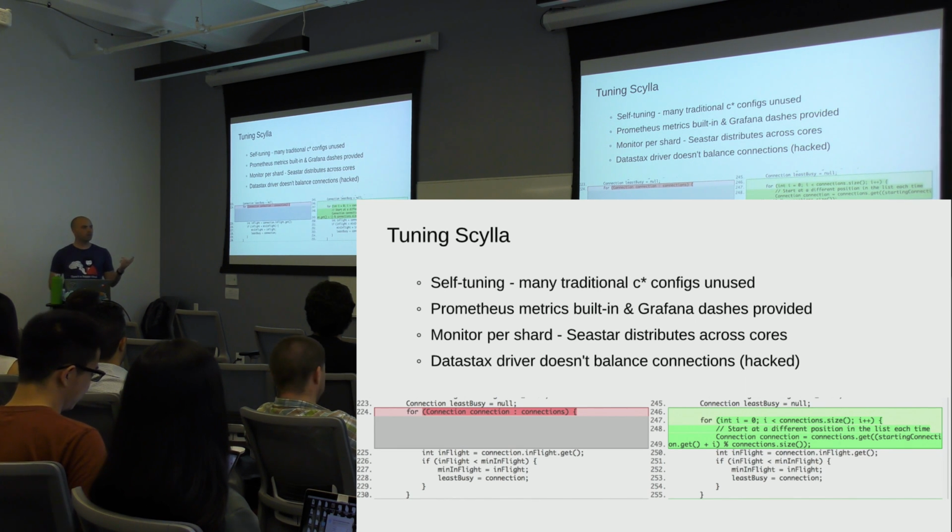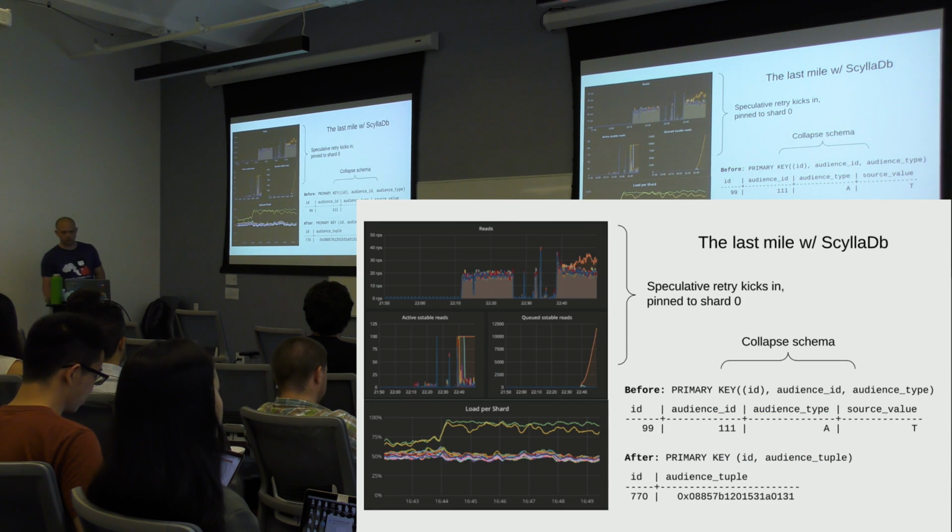We stole this from another Cassandra driver that was written in Go that I'll talk about in a bit. But this right here was all we needed. There's one more line where we're declaring the atomic integer starting connection. But outside of that, making this change made a world of difference as far as balancing across shards for us.